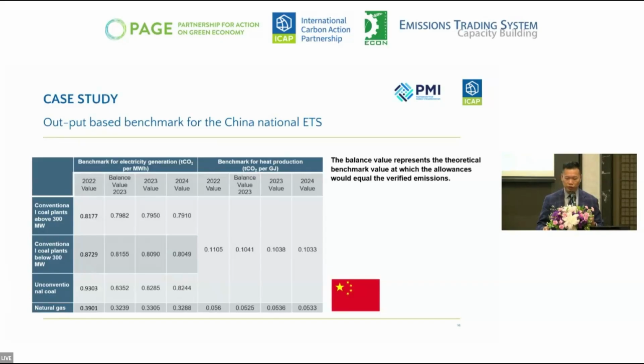So we can see from 2022 to 2024, the benchmark value declines every year. So it shows the government's requirement, how much they need to reduce. It's not reducing the actual emission, it's reducing the emission intensity. Yeah, so that shows how it works.